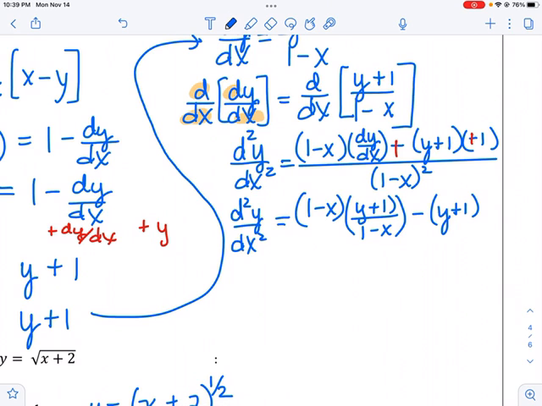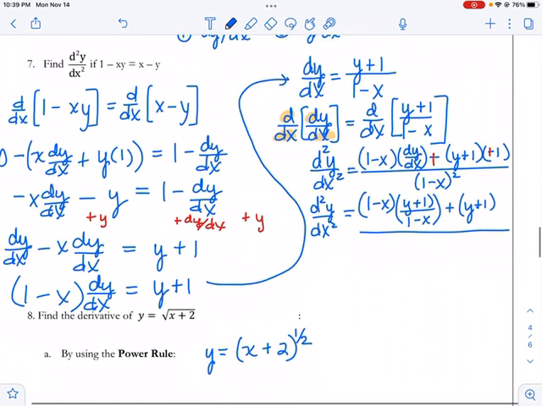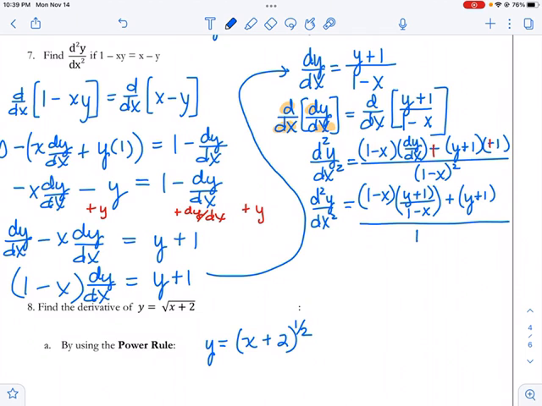So remember, we're finding the derivative. So what do we have here now? Oh, this is a plus, right? Yeah, there we have it. There you go, 1 plus 1. All right, so then we have over 1 minus x, the quantity squared.